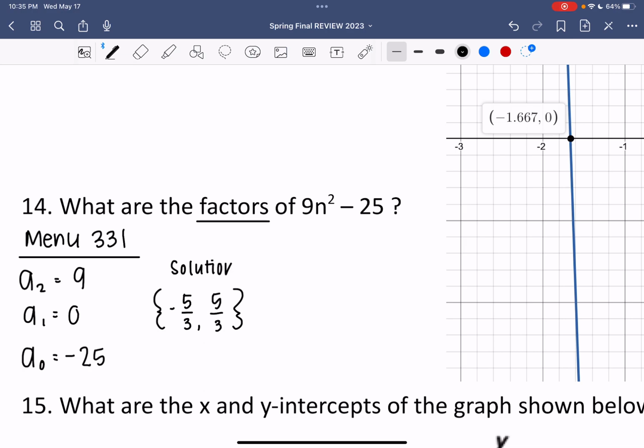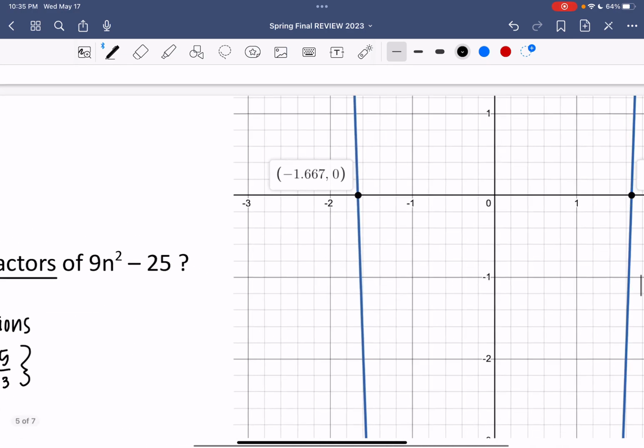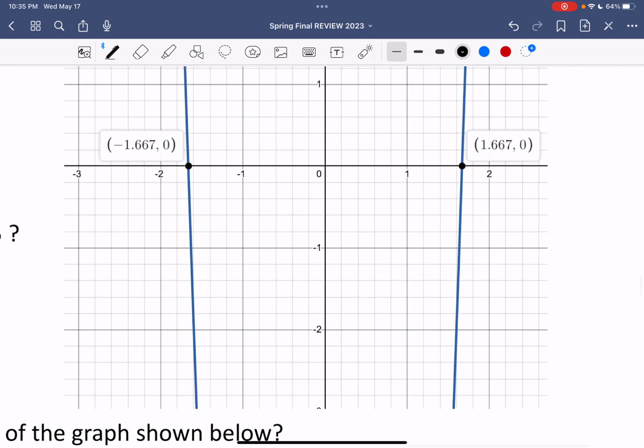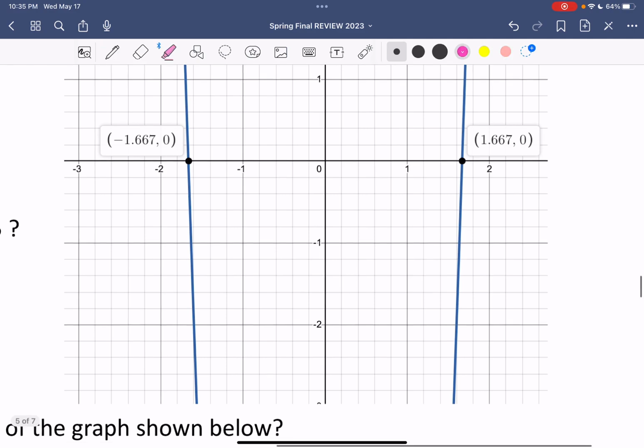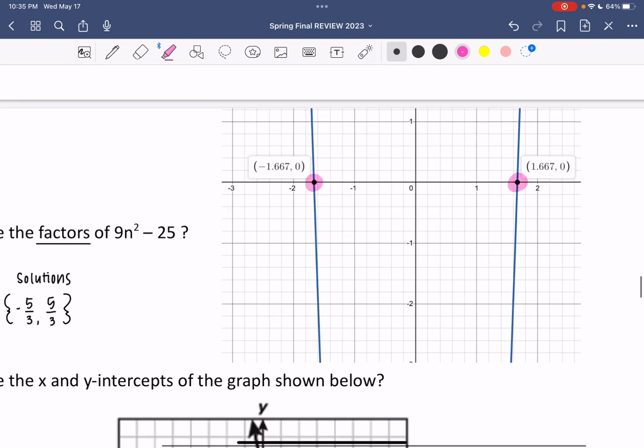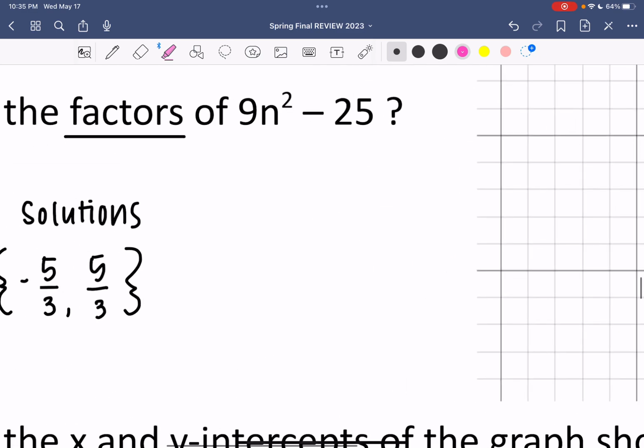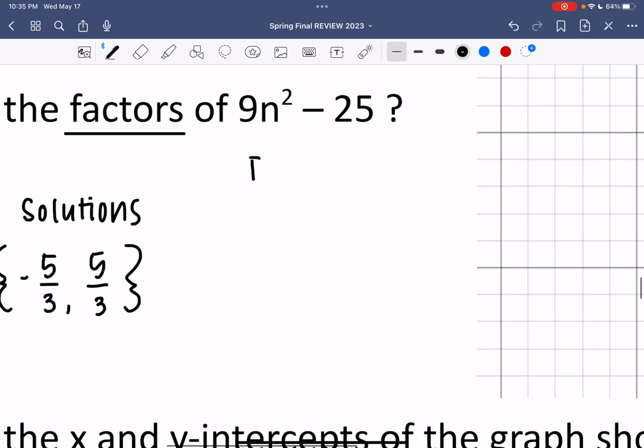I graph this, and obviously it doesn't have any fractions, so I had to convert this to a fraction. But again, remember your factors, aka solutions, are where the graph crosses the x-axis. In this case, the same number, just a positive and negative. So when we turn these into factors, remember it's bottoms up.